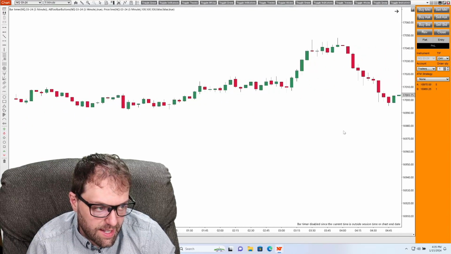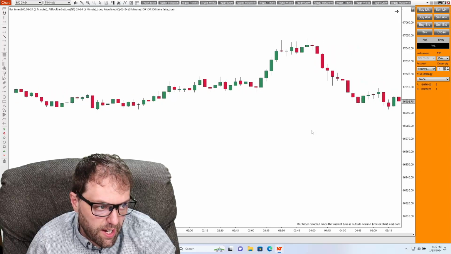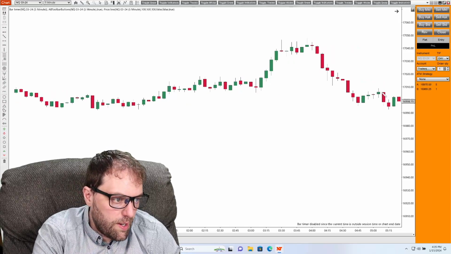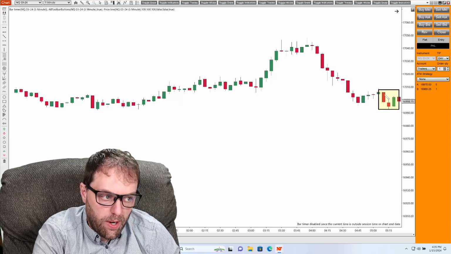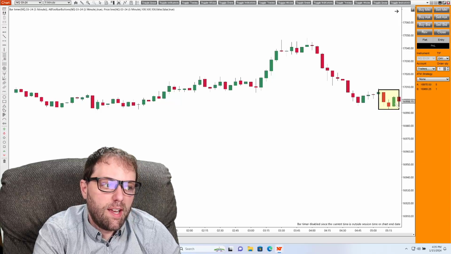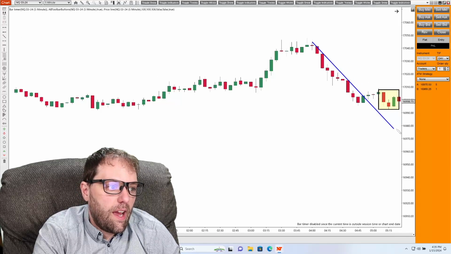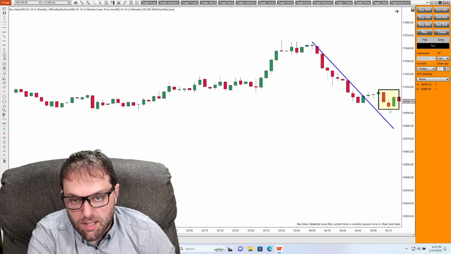The market's descending. And let's see, it's going to keep fighting. Right here's an example of a Morningstar one could utilize, where basically you do have your bearish candlestick, indecision, and then a full-bodied bullish candlestick. And it's at the bottom of the trend with the counter trend line break, giving us a low price.